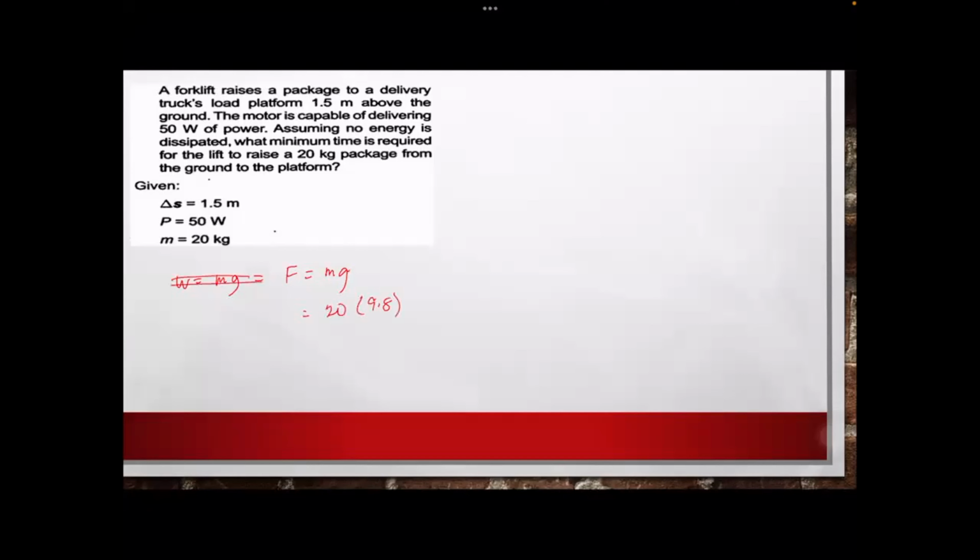So F is equal to mg, and 20 times 9.8 will be 196 Newton. Then we can now use the P, power, is equal to F delta S over T.